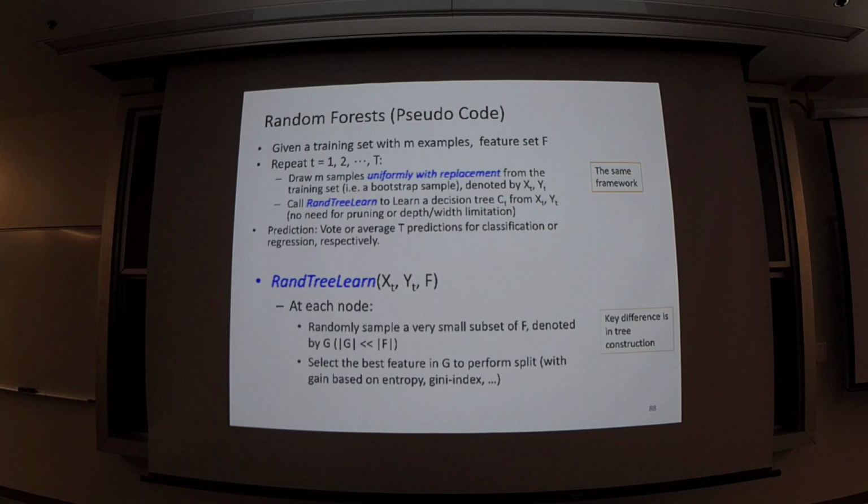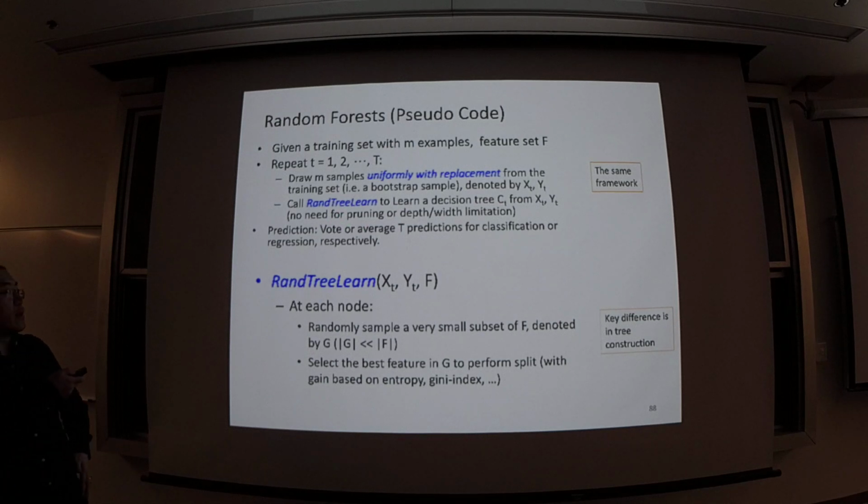If we only use that small subset, does this make the trees look large? It's not necessary because, as I just mentioned, there's no need to limit the depth.